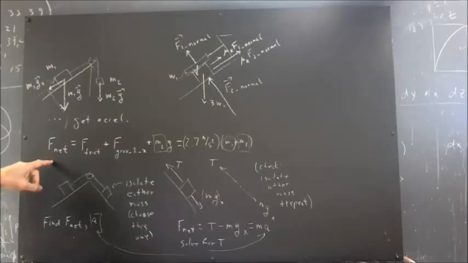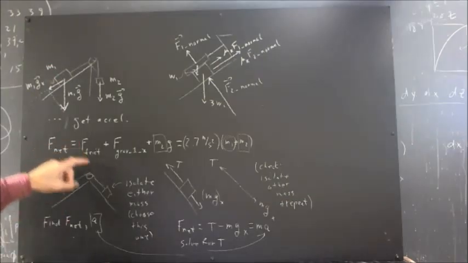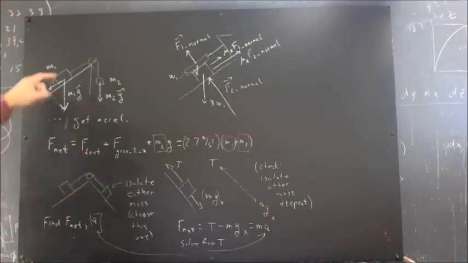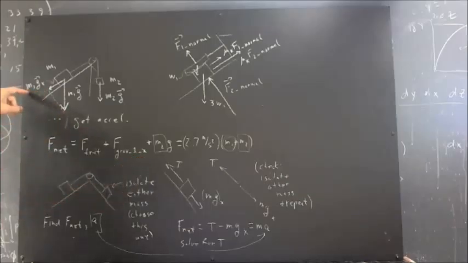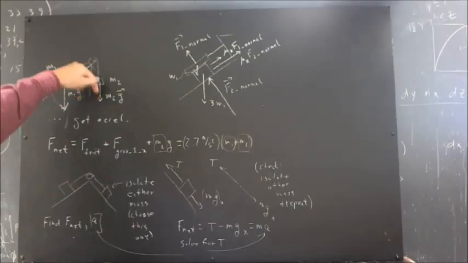Okay, so what do we do? We always look at the net force. What's the net force acting on this system of two masses? Well, you have the force of friction, which acts between this mass and the incline. You have the x component of the force of gravity, that would be the M1Gx, if you prefer. And then you have the M2G that's acting here.